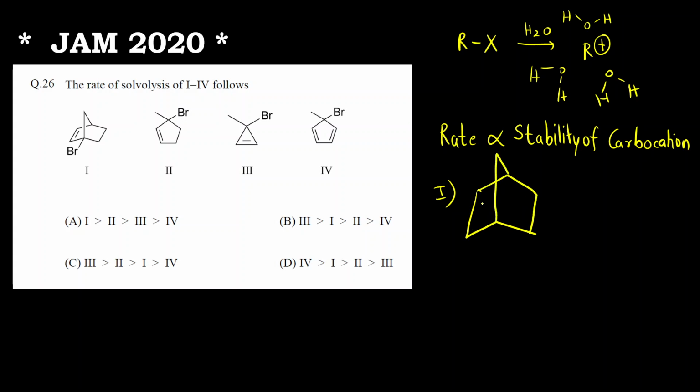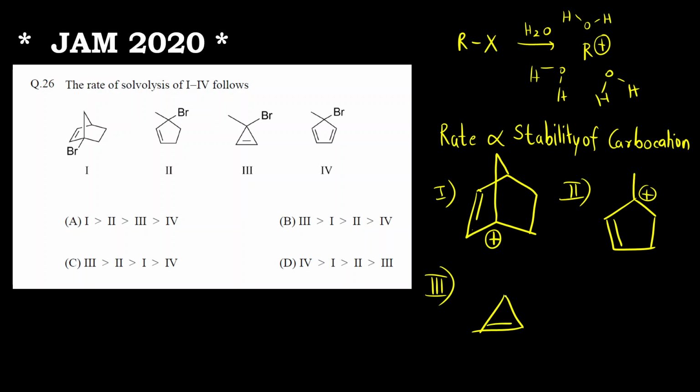It is a bridge compound and Br minus goes away, so the carbocation will be formed here. In the second case, the carbocation is formed here. Third one, the carbocation will be formed here.